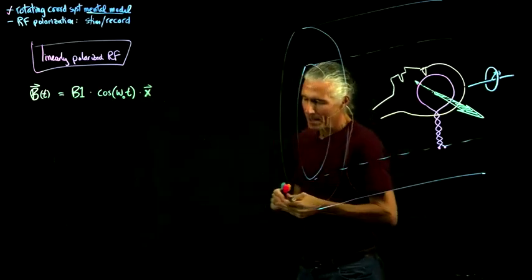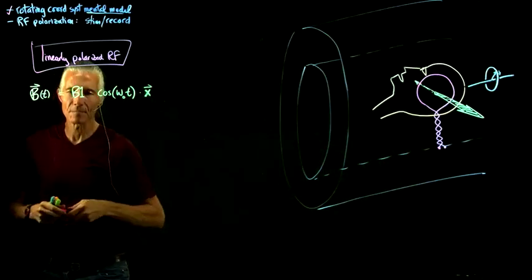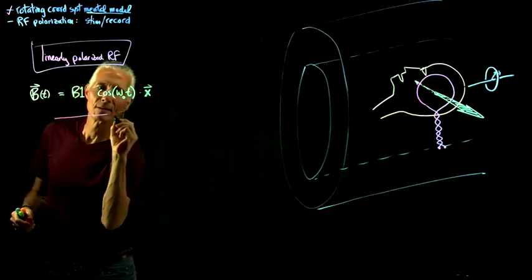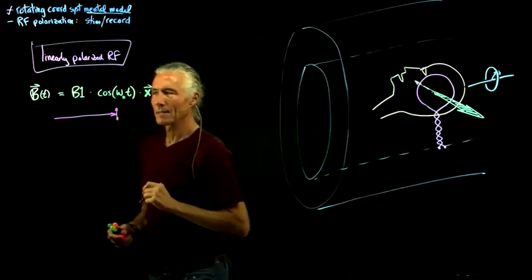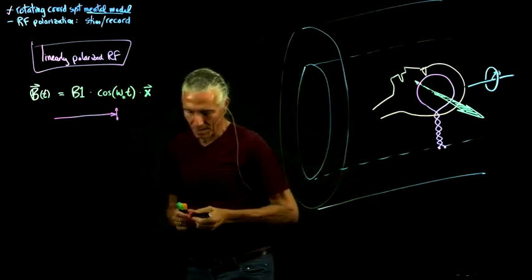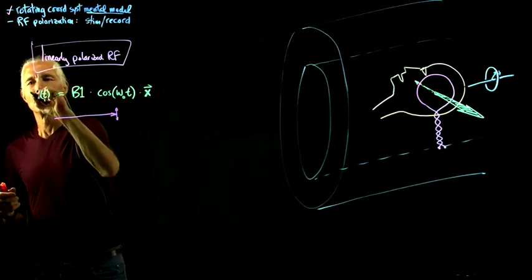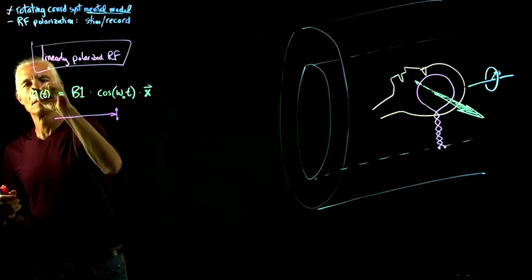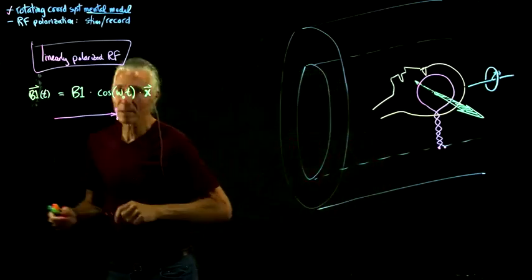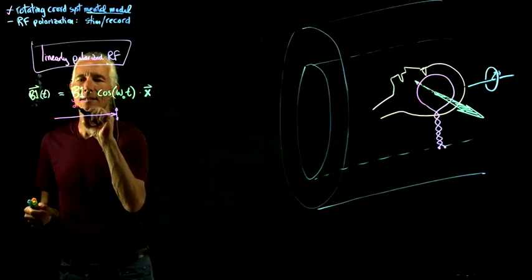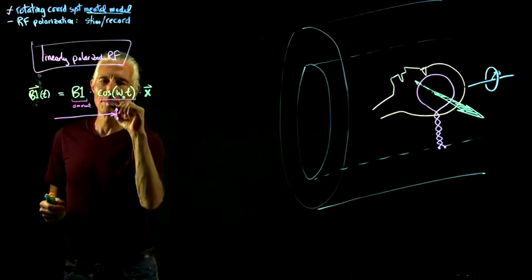And so what will that generate over time? You've got a big B0 field, and then on top of that we've got this little B1 field. Sorry, put a 1 in there. B1 field as a function of time. So this is just the amount, how strong it is. This is another number.